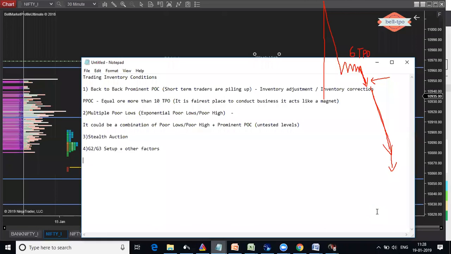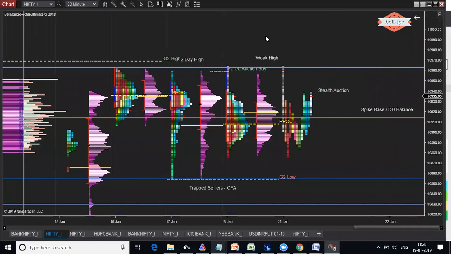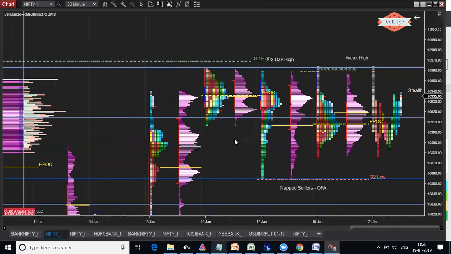Sir, in this one question, can you just show me the maps? The 16th Jan PPOC was cleared by 17th Jan, right? Yes. So how can we consider it's not a PPOC? Okay, 16th Jan, this one. Yeah, sir.